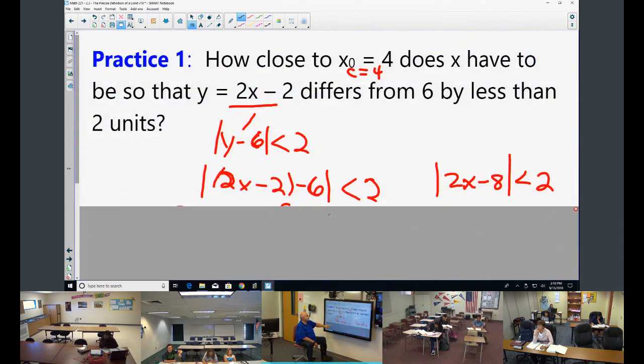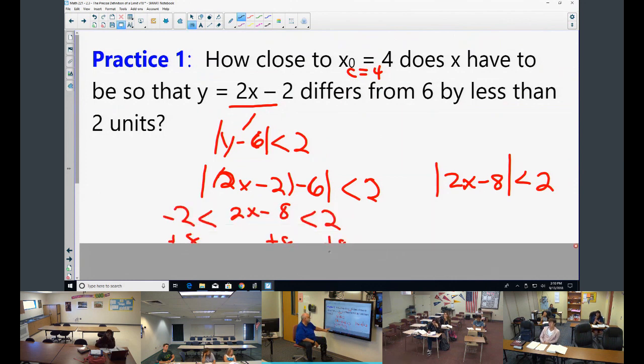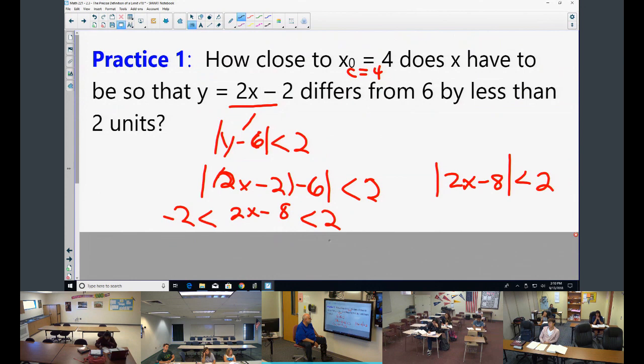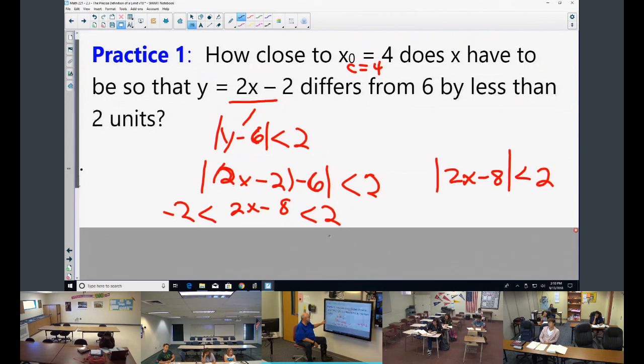So we get the absolute value of y minus 6 is less than 2. So in place of y, you plug in 2x minus 2. So that becomes the absolute value of 2x minus 8 is less than 2. So negative 2 is less than 2x minus 8 is less than 2.